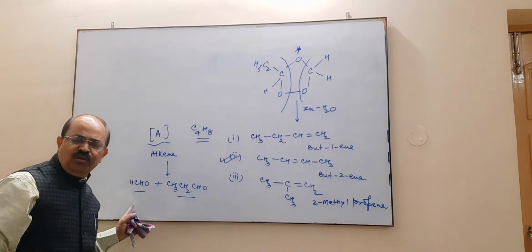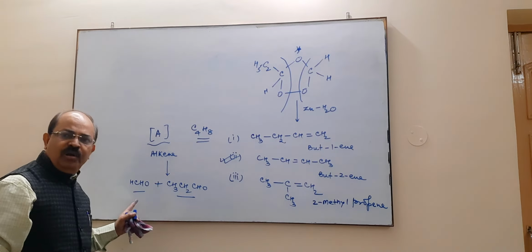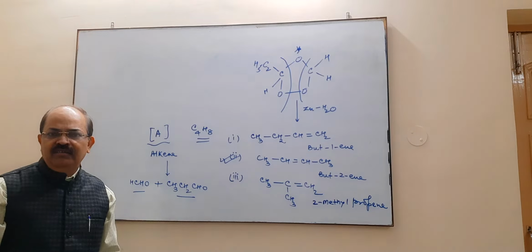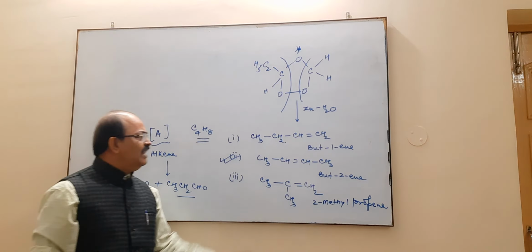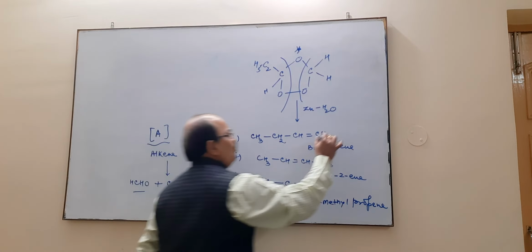So this A on ozonolysis gives methanal and propanal. Then which alkene will it be? The answer is but-1-ene.